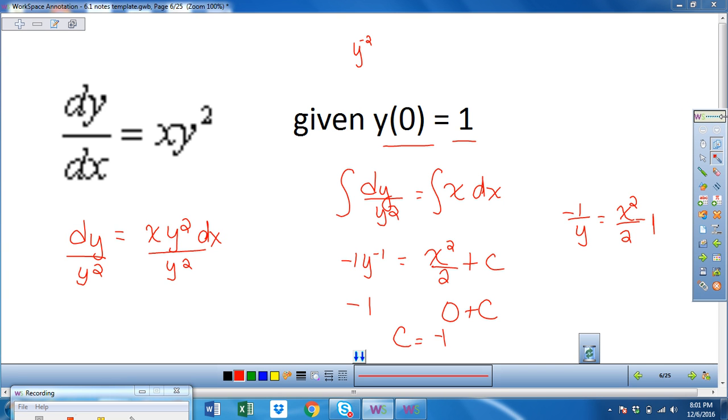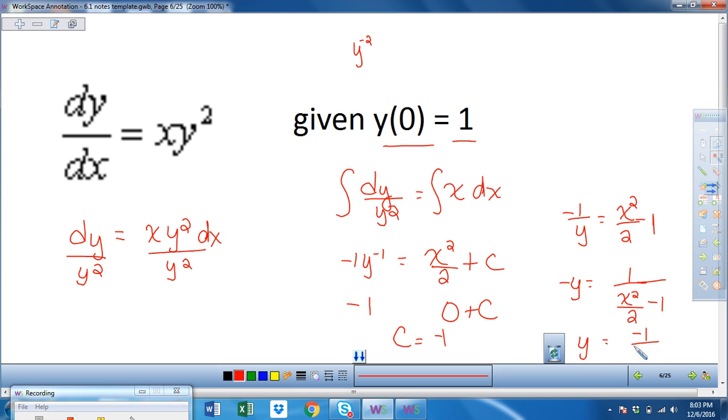Now how do I solve for y in this? Well, y is in the denominator, so I can just invert both of these. So I can write it as negative y is equal to 1 over x squared over 2 minus 1. Dividing both sides by negative 1, I can then write y is equal to negative 1 over x squared over 2 minus 1.